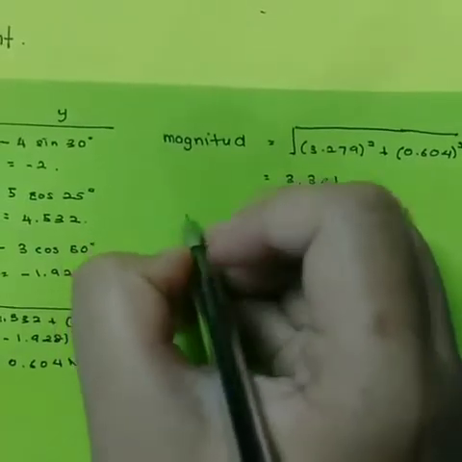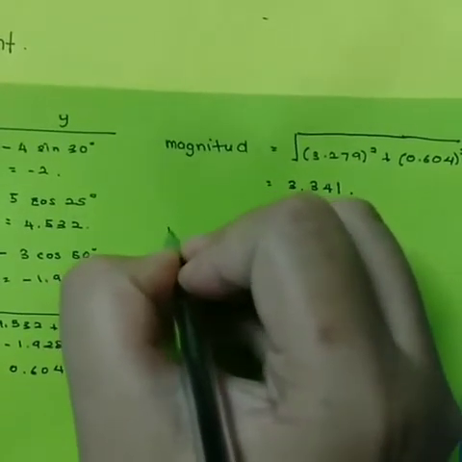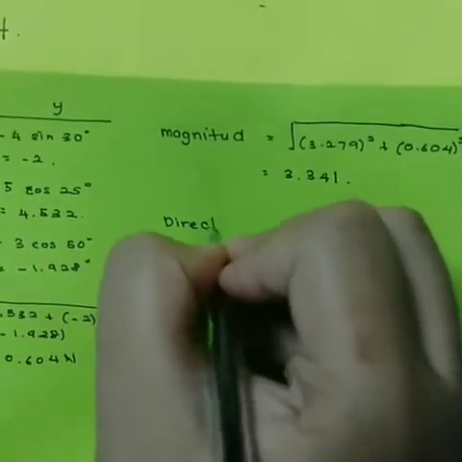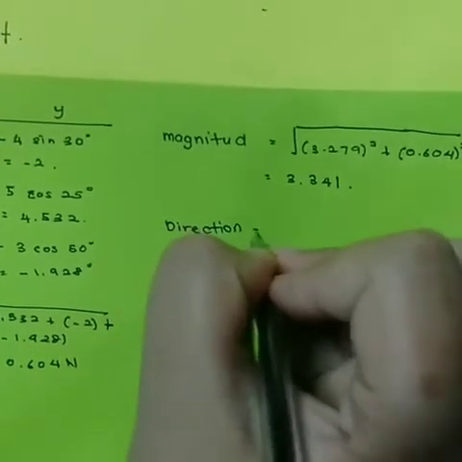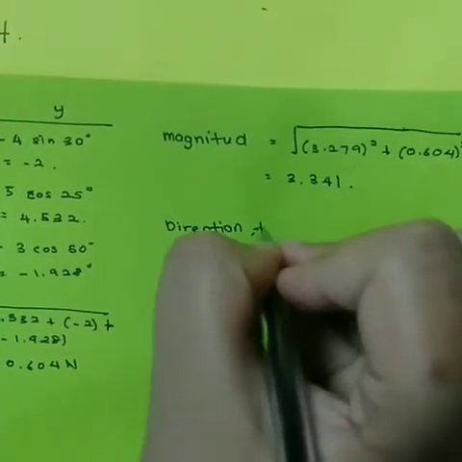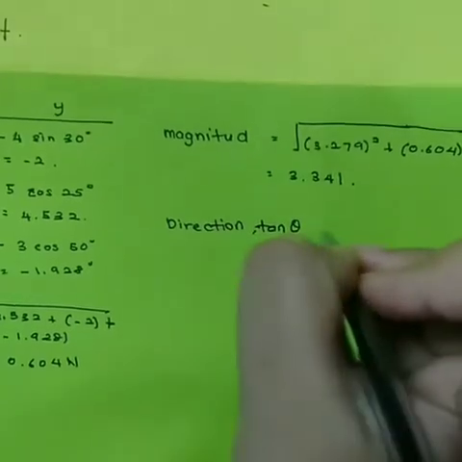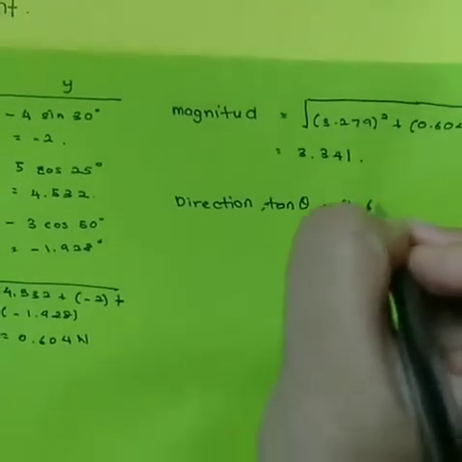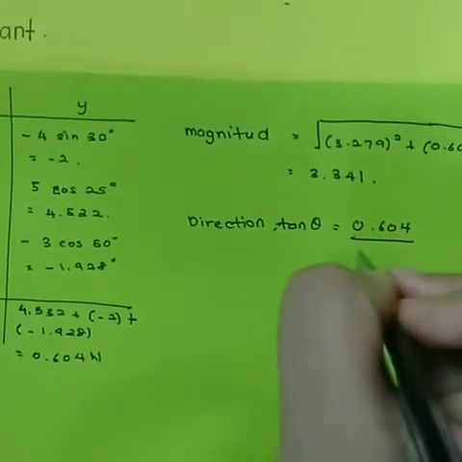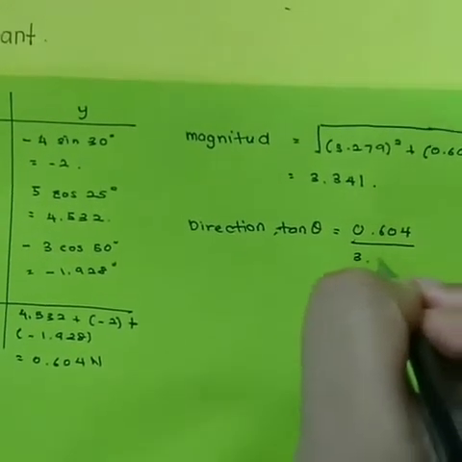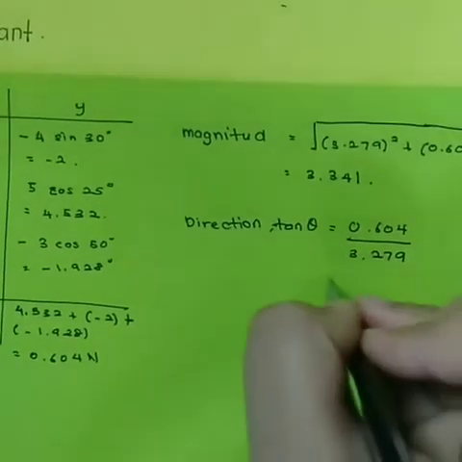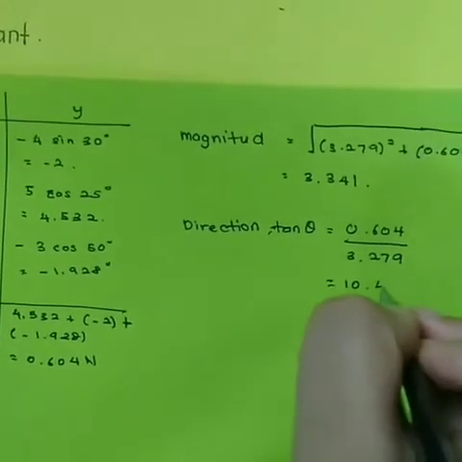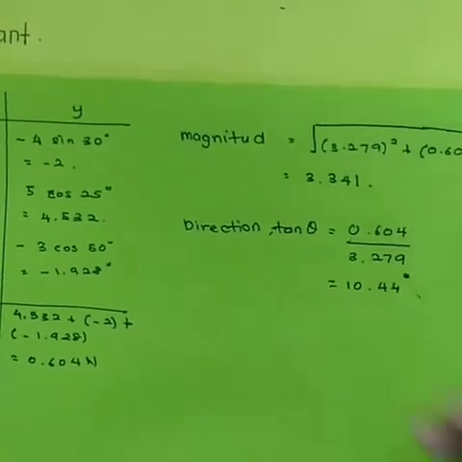So last, for direction, we use tangent theta, so it equals 0.604, which is the y component, divided by 3.279. So the answer is 10.44 degrees.